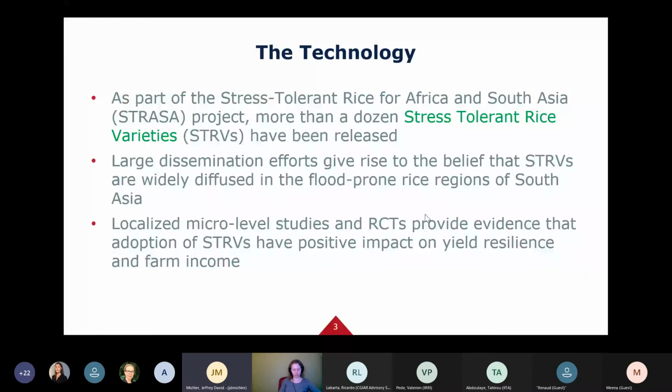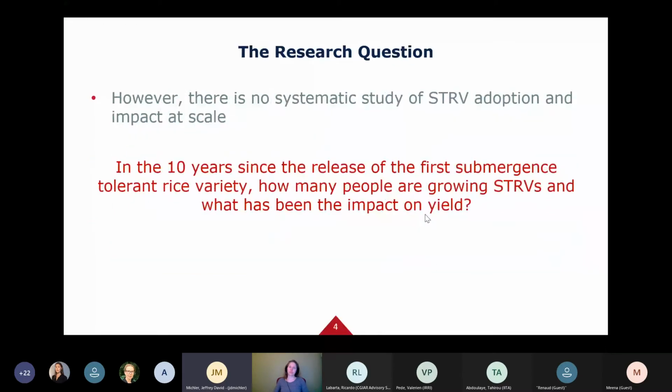And so there've been studies, there've been the classic agronomic field trials to show that these things worked. And there have been RCTs to demonstrate the impact on yields and resilience of farmer income for those who adopted. But that kind of evidence doesn't really answer the question that SPIA was asking, which is, what is the impact of long-term and large-scale adoption?